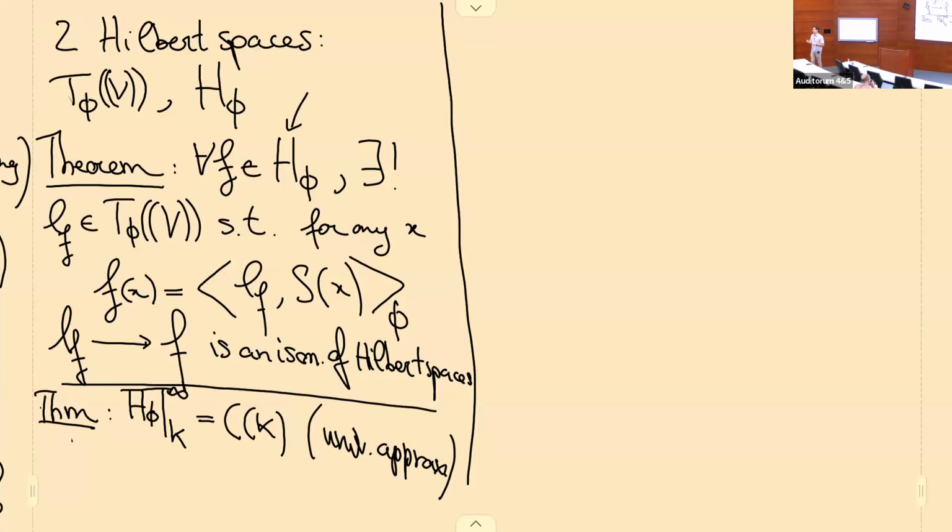You have L2, for example, where you can also approximate discontinuous functions, where you can average over the jumps, but you need to change the norm. Sorry, K is a compact subset of path space.